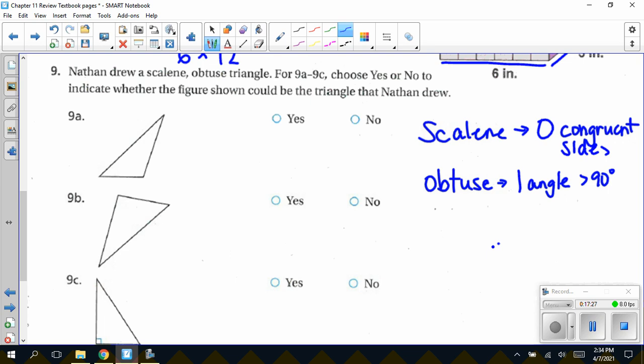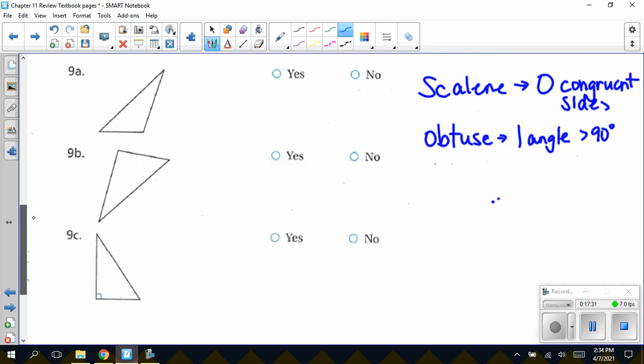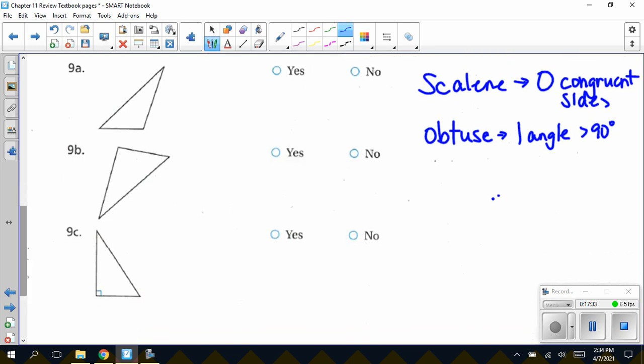So, looking at my 3 triangles, for A, if I could use a piece of paper if I don't have a ruler, which you will not have a ruler on your test, I could easily mark and notice that all 3 sides are different than any of the others.